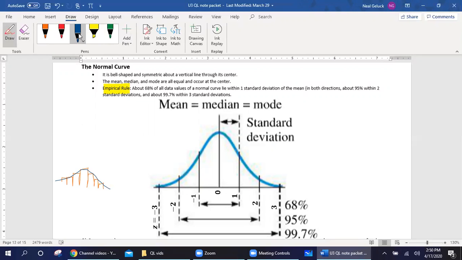And if that curve rises to a peak and then falls back down and has a pretty good symmetry on the left and right side, then it's considered normal or close to normal.